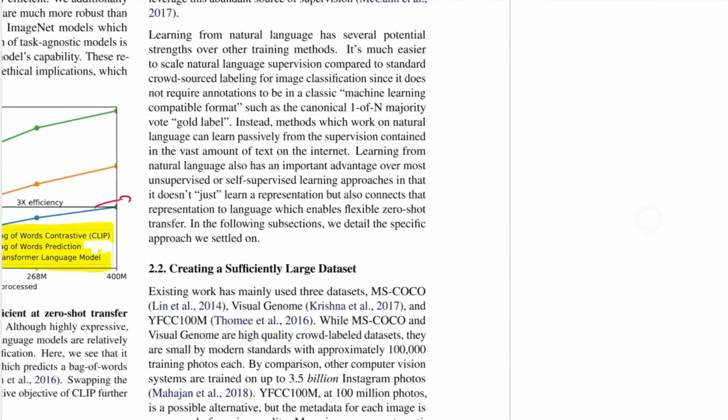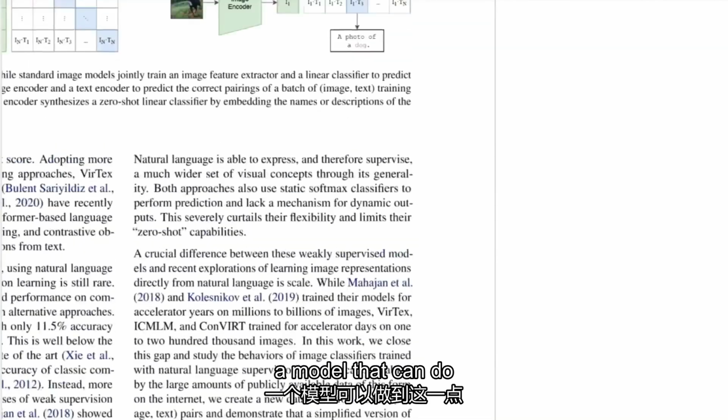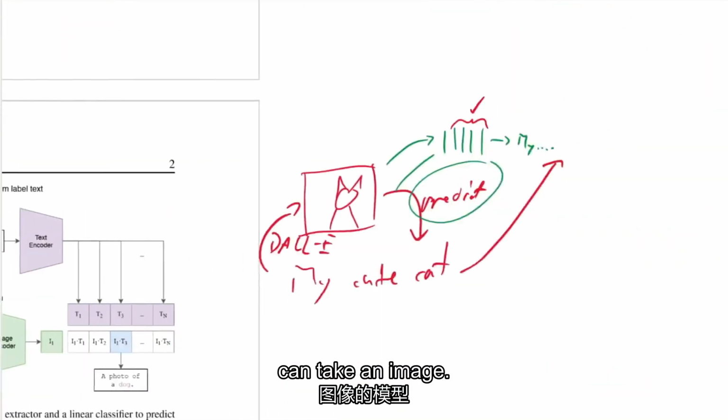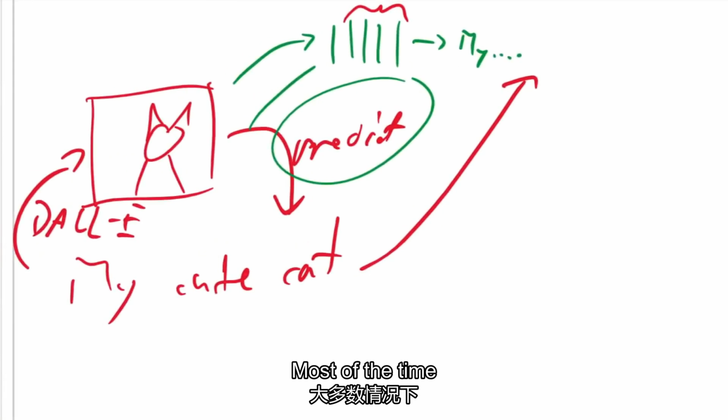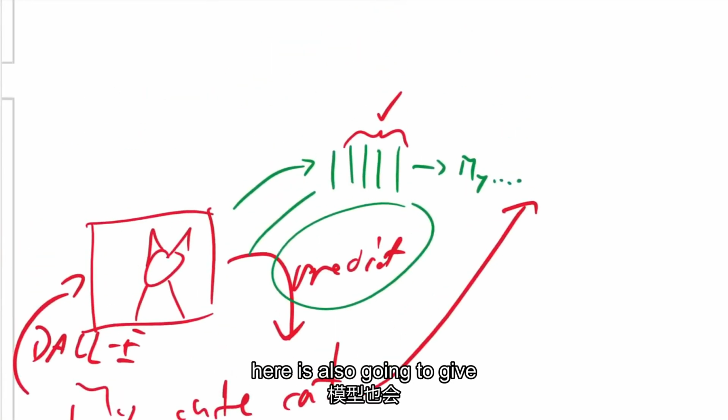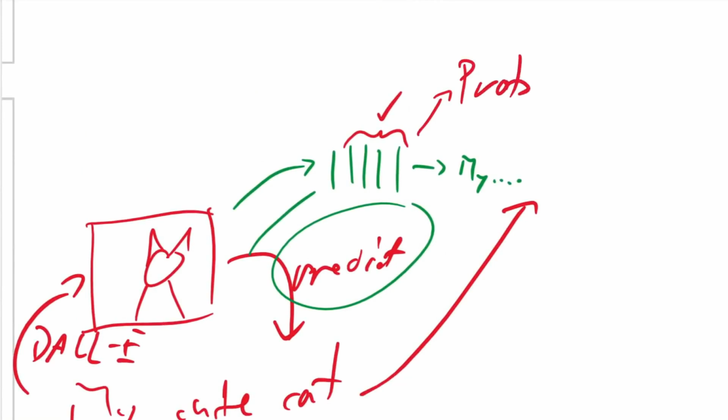So let's say we have a model that can take an image and predict the text that appears in it, right? Most of the time, this model is also going to give you something like a probability, a likelihood. If this is a transformer, you can ask for its logits, and then you can compute the likelihood of a given label.